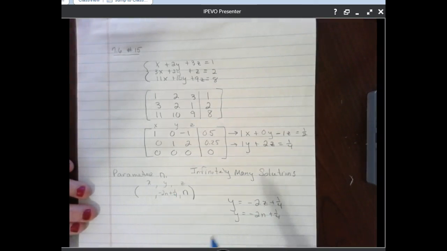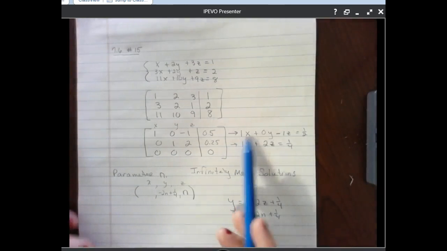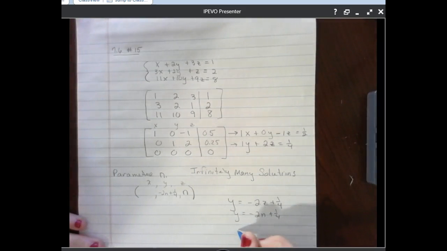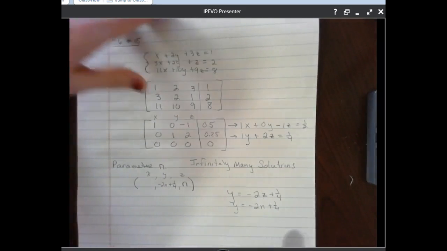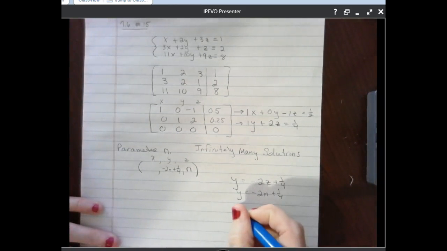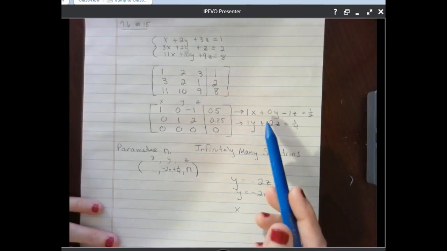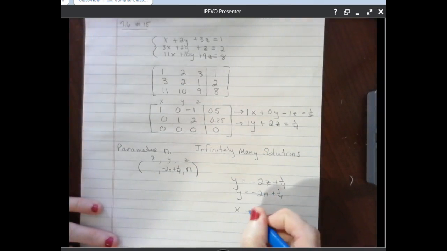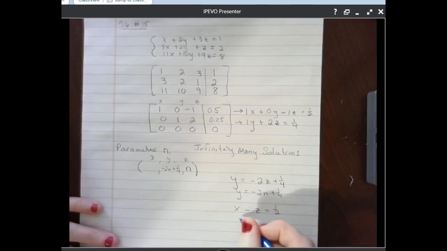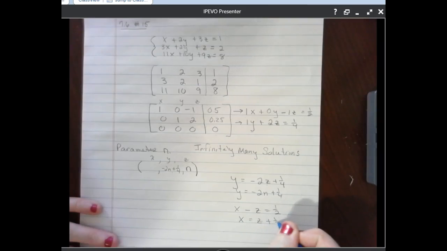I'm going to do the same thing with my x equation that we got from the augmented matrix. So x minus z equals 1/2. So x equals z plus 1/2. Remember what z was, that's n.